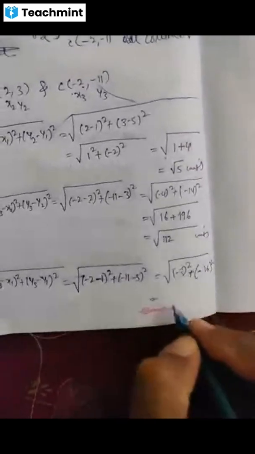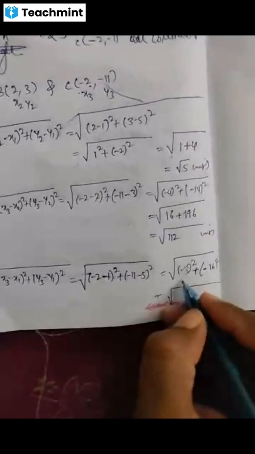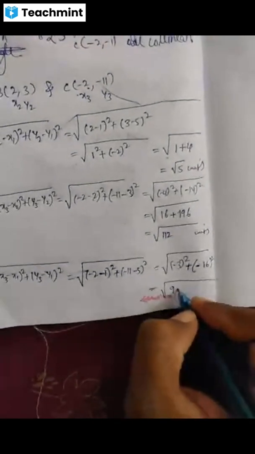That is equal to the square root of 9 plus 16 squared, which is how much?